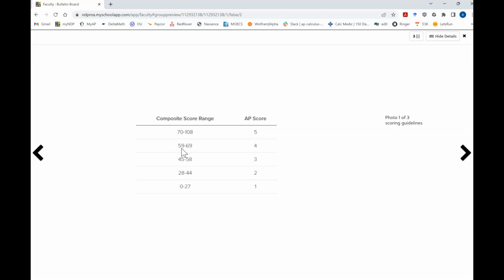Even worst case scenario on the multiple choice, if you just go slow and do half of it, thinking I'm going to do this carefully and try to make sure I get half of them right, you're in real good shape, right? If you do half correct on 3 sections of the test and then do 2/3 of them right on another, you're in 4 land.